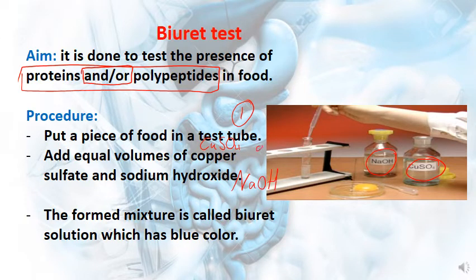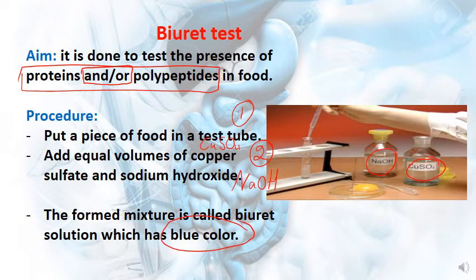So this is number 2. Number 1, put a piece of food in a test tube, add equal volumes of copper sulfate, CuSO4, and sodium hydroxide, NaOH. So the mixture is called Biuret solution, which has a blue color.